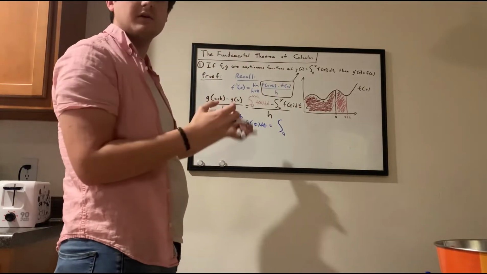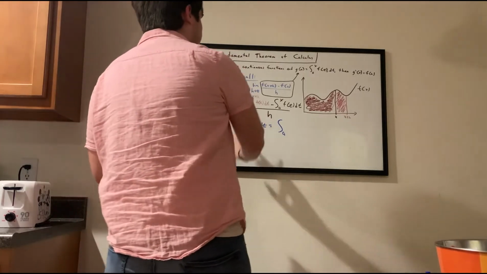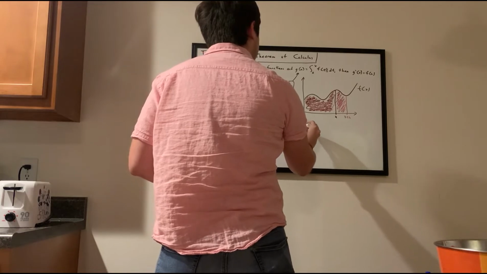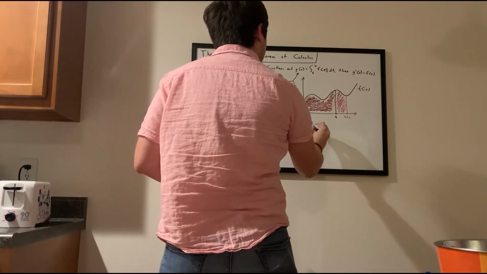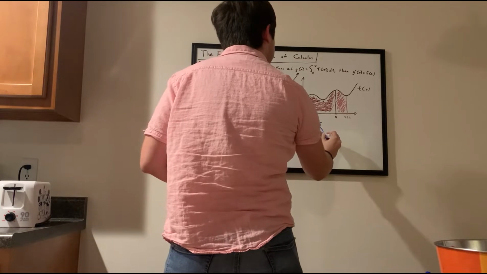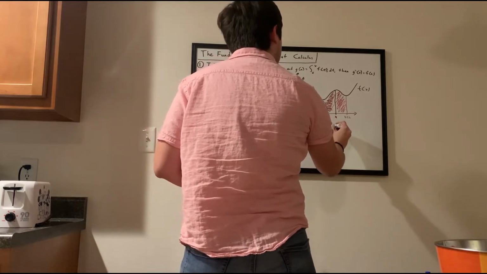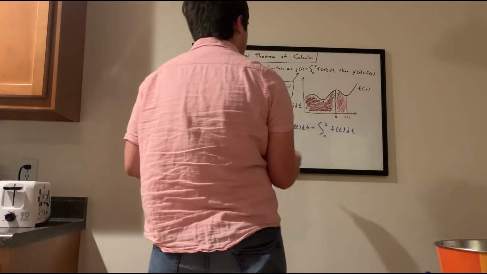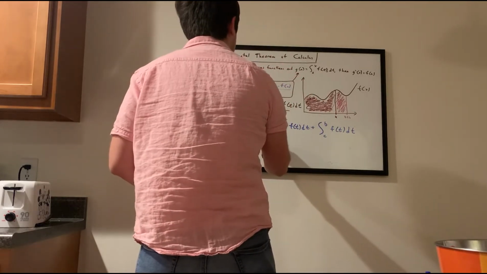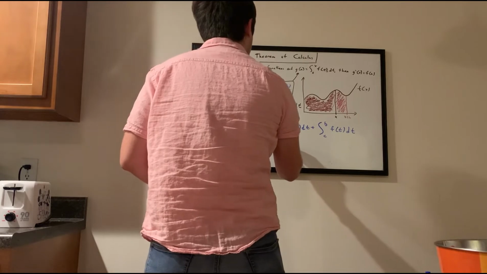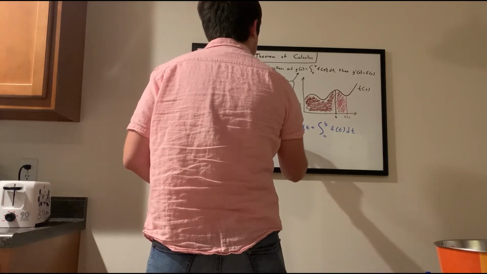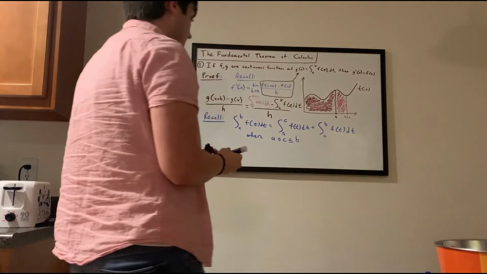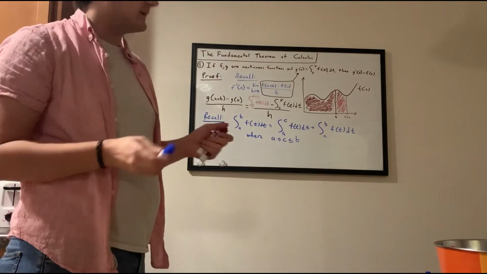So notice a and b are upper and lower bounds. A new number in between them, call it c, of f of t dt, plus the integral from c to b of f of t dt, where a is less than or equal to c, which is less than or equal to b. Okay?